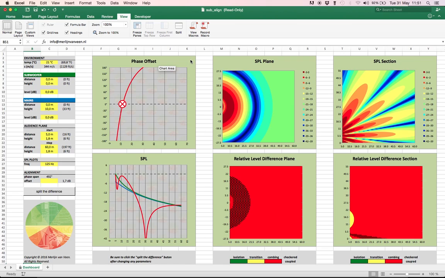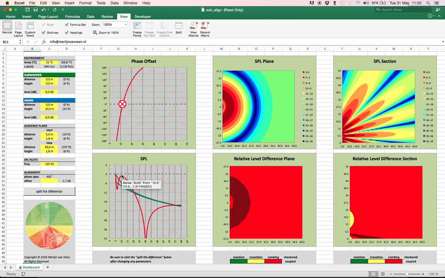So it shows you the relative phase offset expressed in degrees. The SPL plot shows you the combined output for set position, depending on the phase offset.